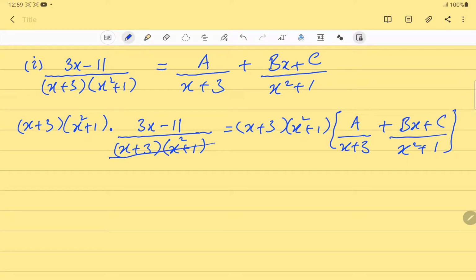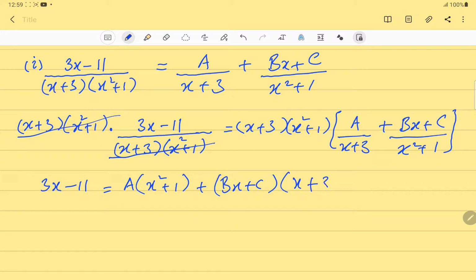This will cancel with this and we are left with 3x - 11. Now we multiply (x + 3)(x^2 + 1) with both the terms in the bracket, and that way we get a(x^2 + 1) + (bx + c)(x + 3).